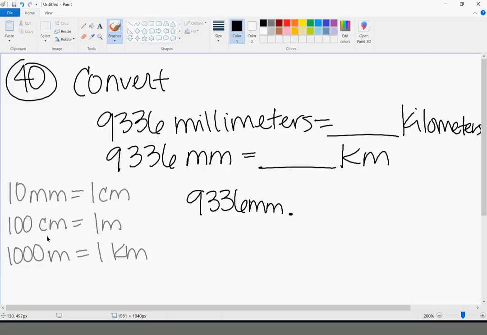So we can go from millimeters to centimeters. Okay? So let's see, 10. So if you're going to multiply that by a ratio, we want millimeters to be in the bottom, and we're going to have centimeters at the top. And the reason why is because I want for the millimeters to cancel out, and I want to be left with centimeters. So that's going to be 10 millimeters for every 1 centimeter. And I'm getting this from this.